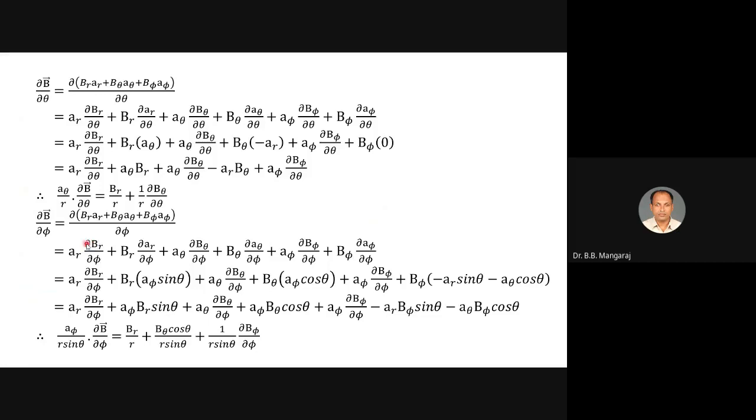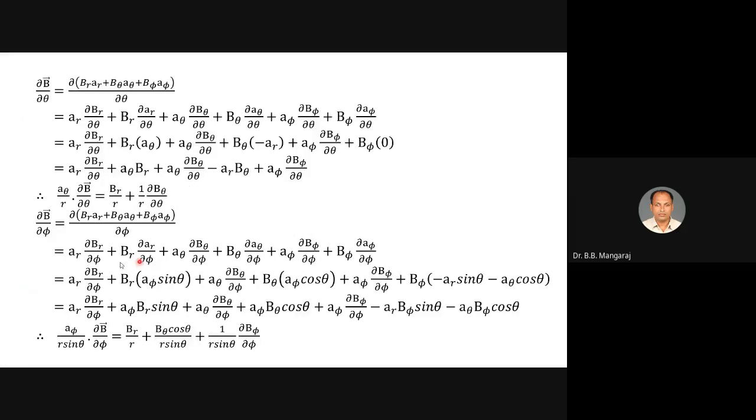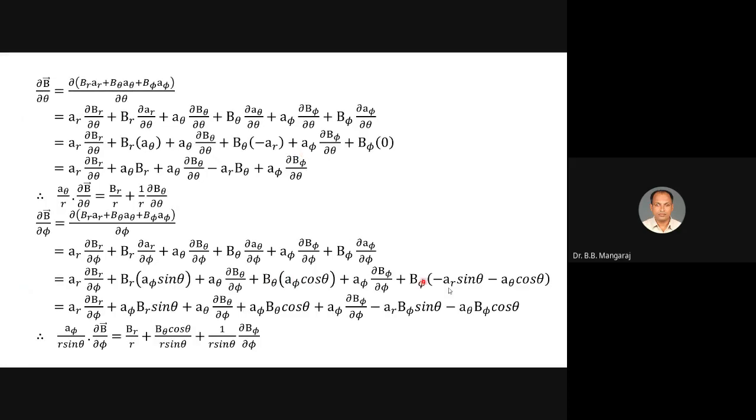For third dot product, you have to find out del v by del phi. Let us find it. Del v by del phi is this one. This term gives us 2 partial derivatives, this term gives 2 partial derivatives, this term gives 2 partial derivatives. Now del a r by del phi is a phi sin theta, del a theta by del phi is a phi cos theta, del a phi by del phi is minus a r sin theta minus a theta cos theta. This we have already seen here. So there are 7 terms because this itself gives us 2 terms.